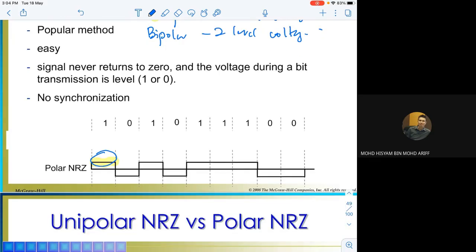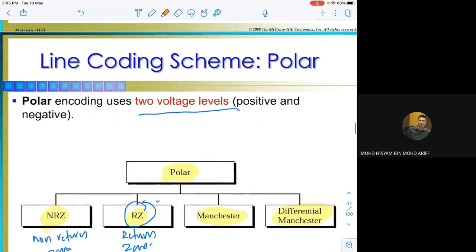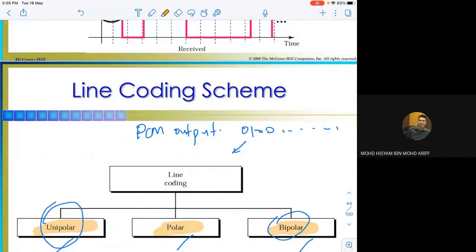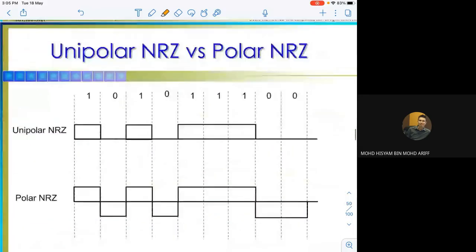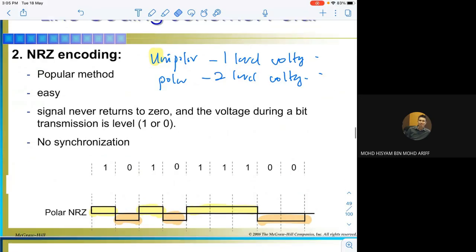That is the technique. Sorry, I got confused between unipolar and polar. This one is polar, with two level voltage, polar non-return zero. Clear? Go to the next slide.